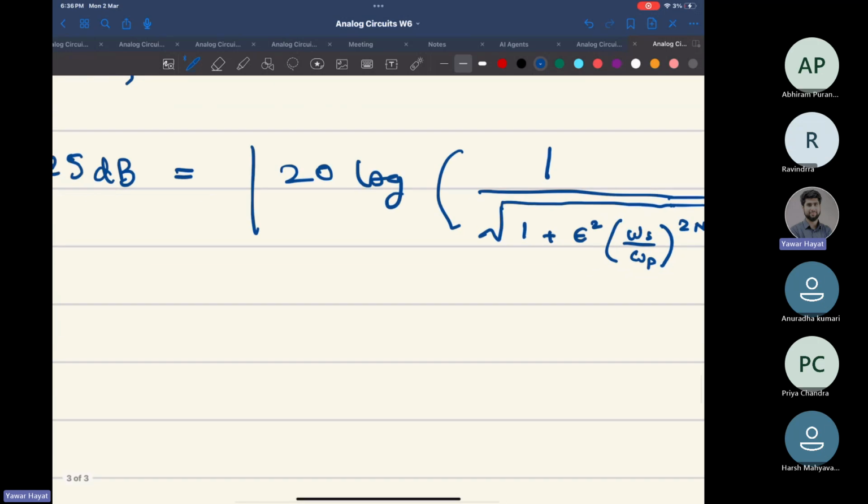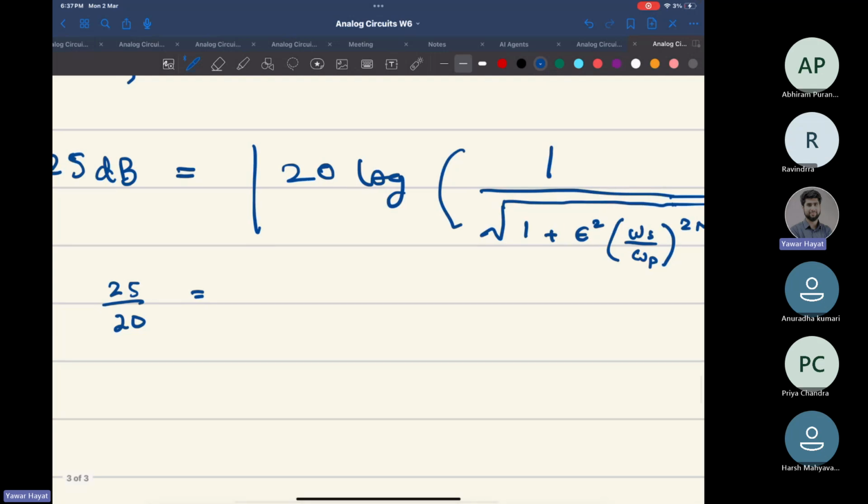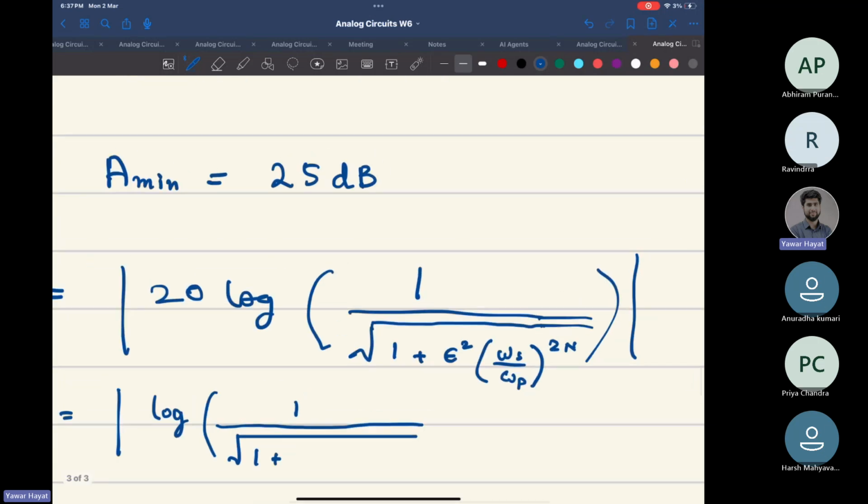That is how much? 25 over 20 equals log of 1 plus epsilon square, which you already computed.